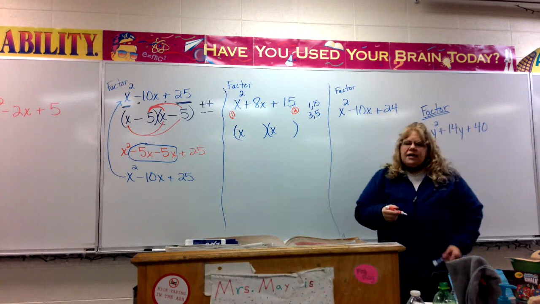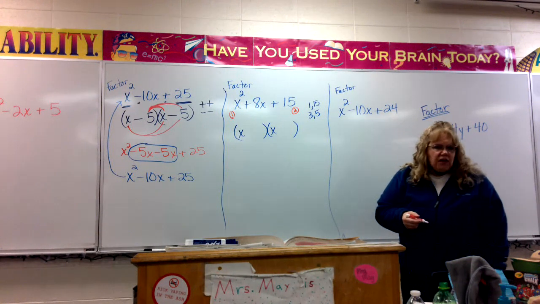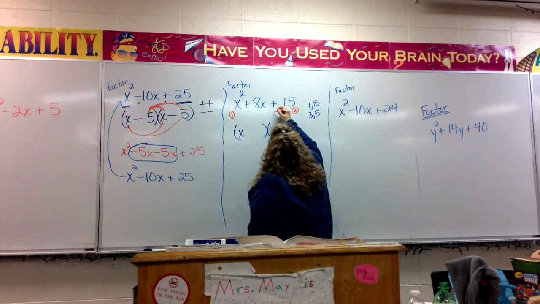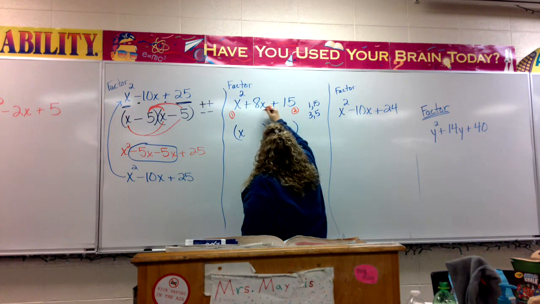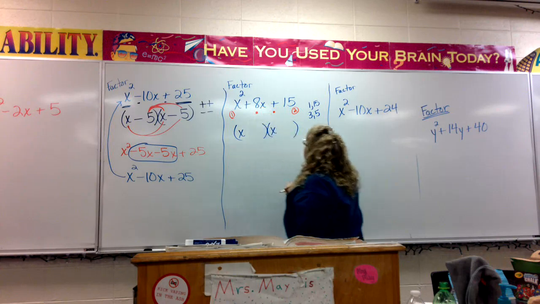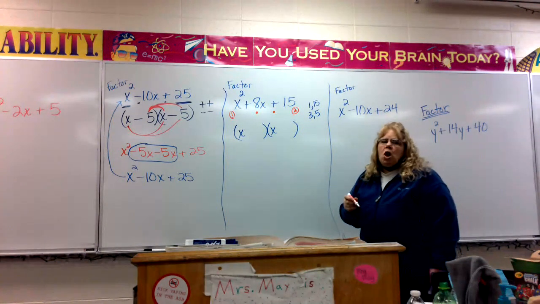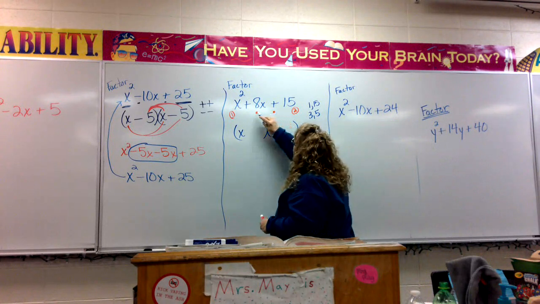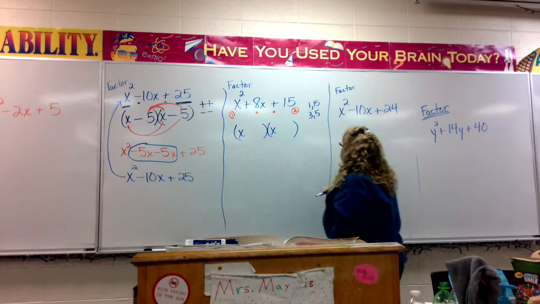How do you decide which? Here's how you decide which pair. You're going to look right here. You want them to add up to 8. You want the correct pair to add up to this number in the middle.